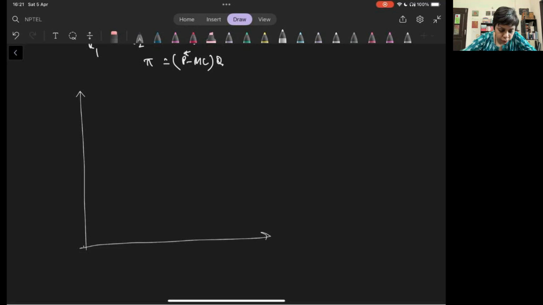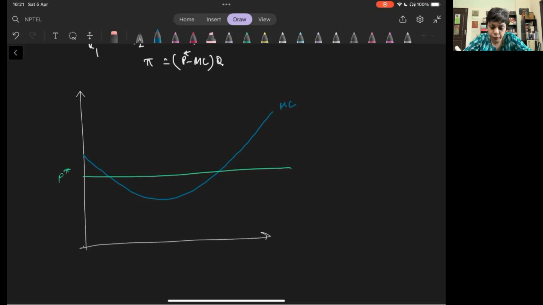Okay, so let's draw the marginal cost curve, something like this. And this is your price line. This is P star. So that is marginal cost. Now let me draw the average variable cost curve.